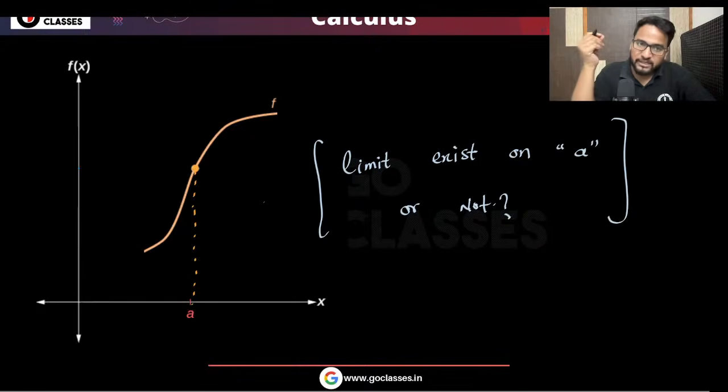Now let's first define what this limit is. At any point, if I say that I want to check the limit, then the limit is basically saying that you are at this point. Now listen, you can come from the left at this point, or you can come from the right.